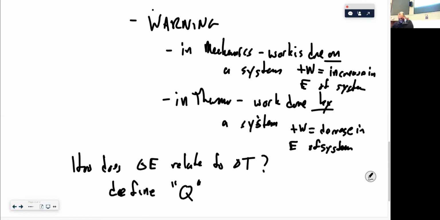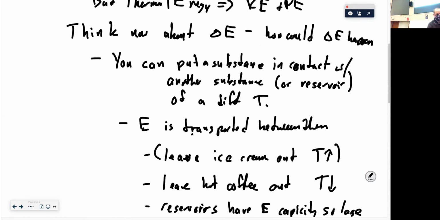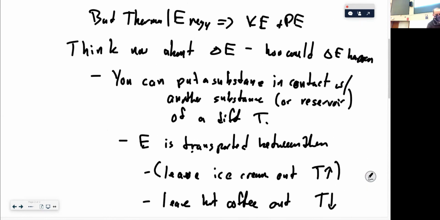Q is going to be... so we define two ways that you could change the temperature of an object. I'm going to define Q to be this first one. Adding thermal energy, Q is going to be the amount of thermal energy I've added. If I put it in contact with some other reservoir or something at another temperature, Q will be how much energy I've added that way, specifically.